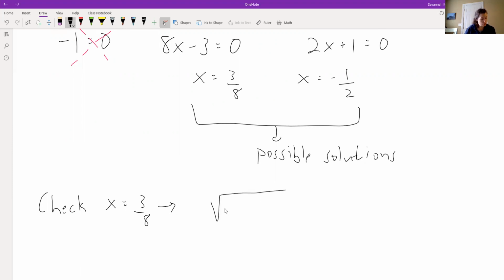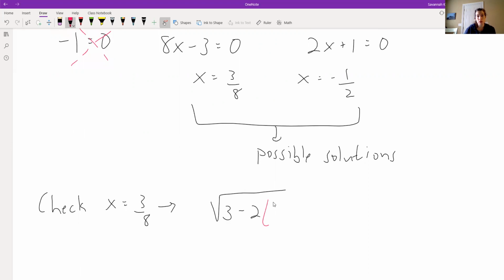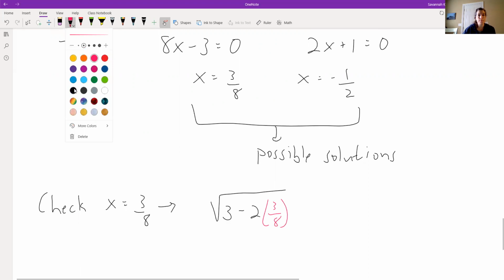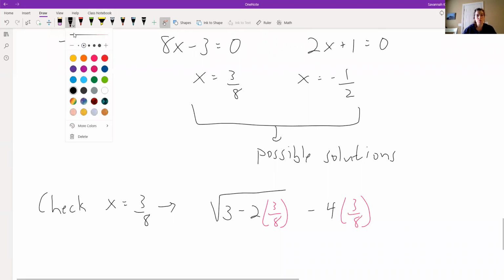So instead of 3 minus 2x, I'm going to have 3 minus 2 times 3/8. And then minus 4 times 3/8 again, because I had 2 occurrences of the variable x in my original.